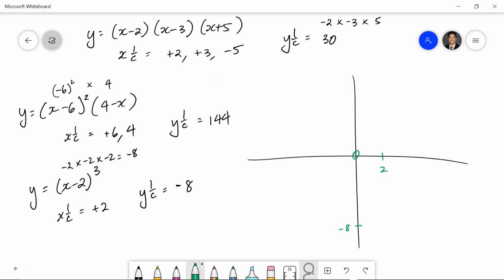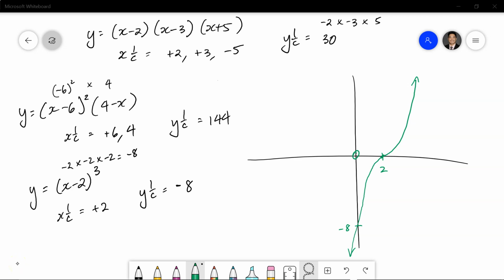So what will happen is something like that, where you still have this kind of curve, but it's only going to meet the x-axis at one point.